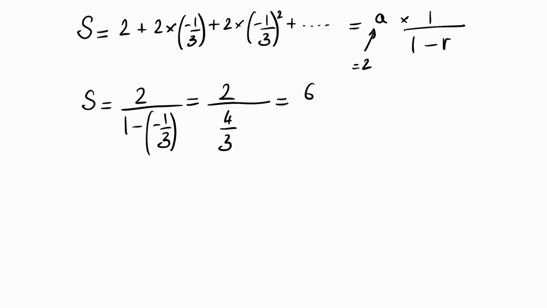So it's going to be 6 over 4, which is 3 over 2, 1.5. That's pretty much it.